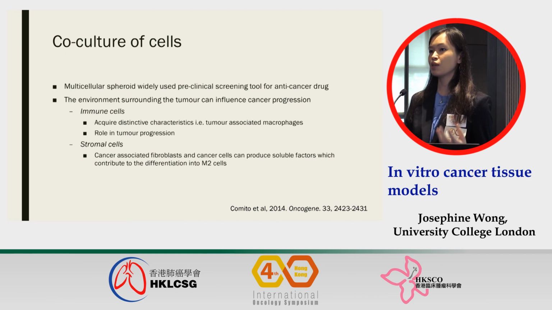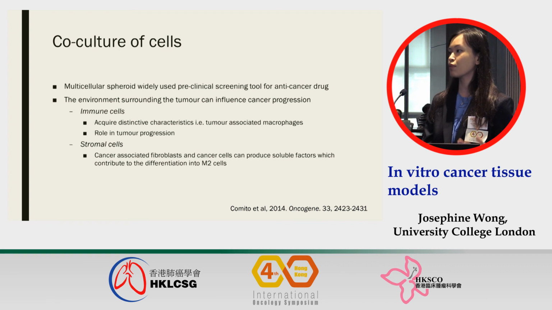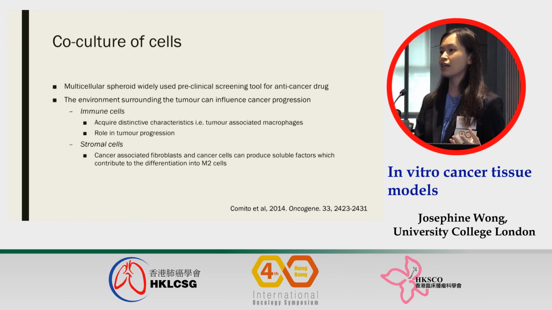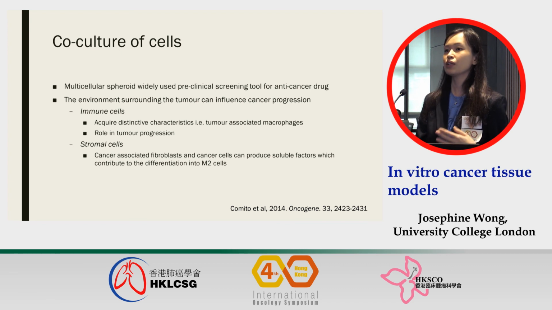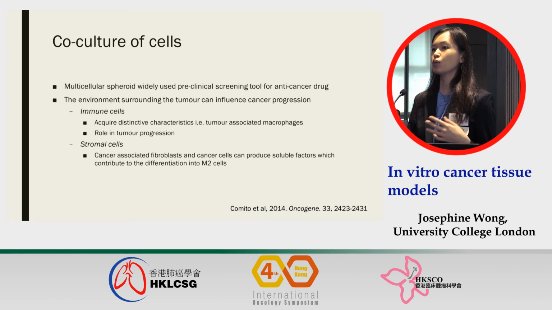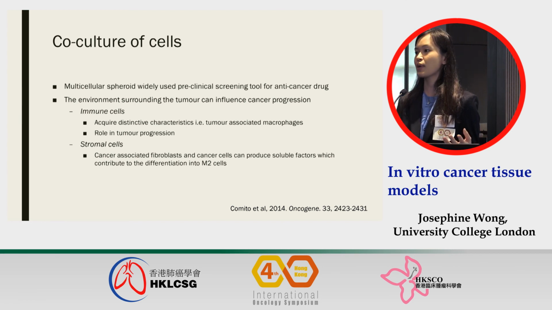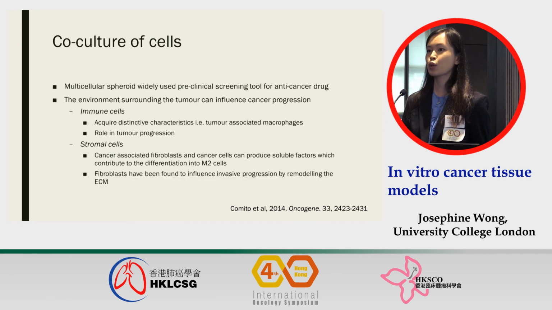For example, immune cells can acquire distinctive characteristics, such as the M2 subtypes of the macrophages, which have a role in tumor progression. But when you add fibroblasts into the model, you may see that the fibroblasts will enhance this by encouraging the macrophages to differentiate into the M2 subtypes, which exacerbates the progression of the cancer.